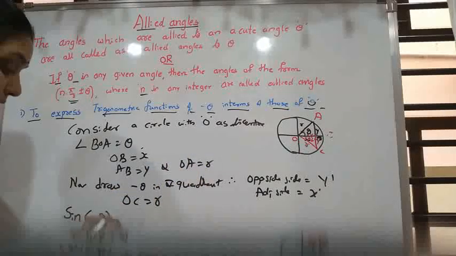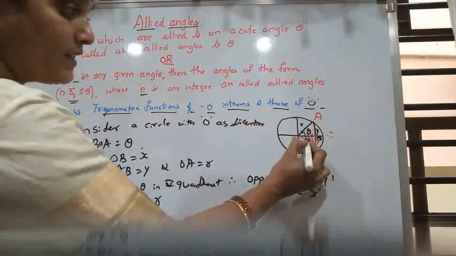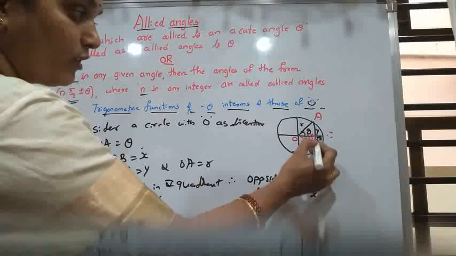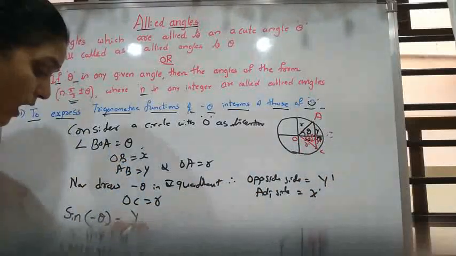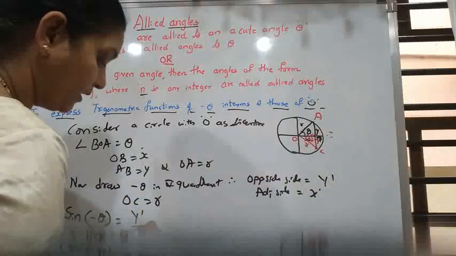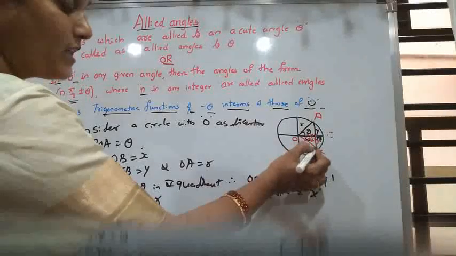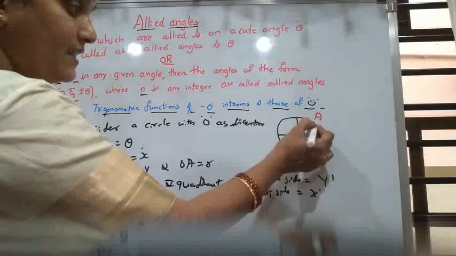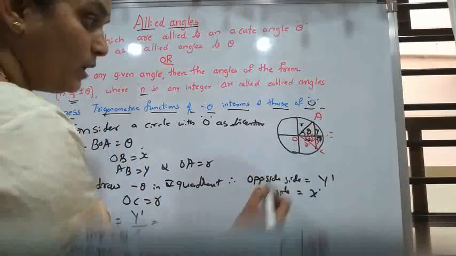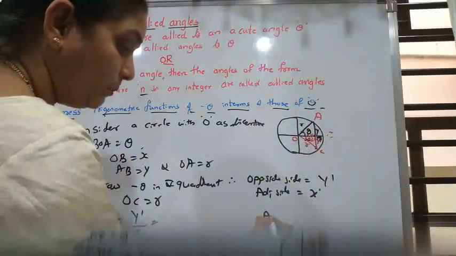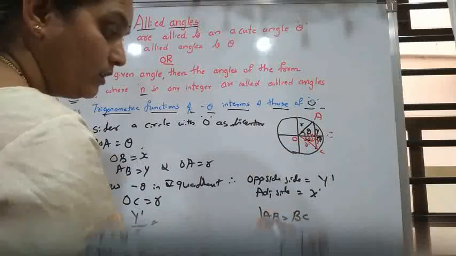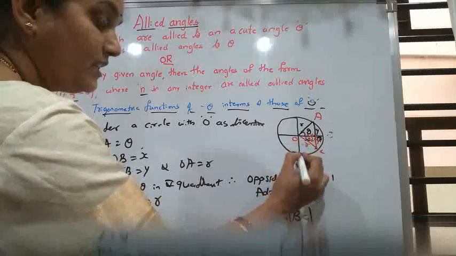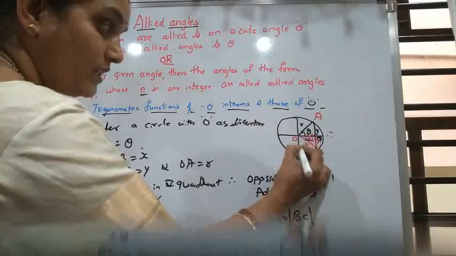Now, suppose I want to write the ratios for all the angles. Sine of minus theta. This is my reference angle, minus theta. What is the opposite side for this one? It is y dash. Y dash upon r. Now, look at the y dash length. Y dash is the same as y. AB is equal to BC in magnitude. But as far as direction is concerned, it is along the negative y-axis.